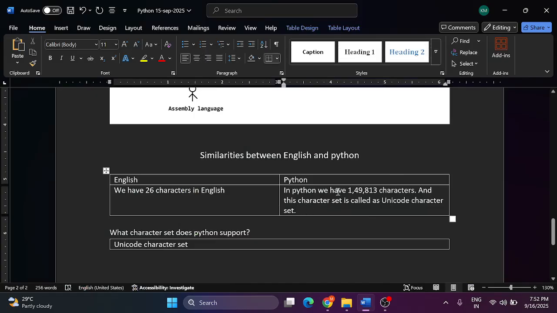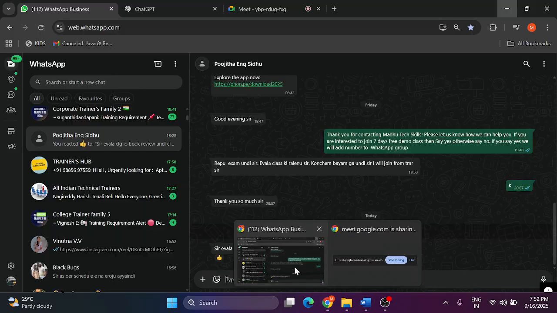So in the world, all the language characters as well as different kinds of symbols are supported by Python. That's why the character set is very big, very large. 1,49,813 characters. Guys, any doubts please till now?